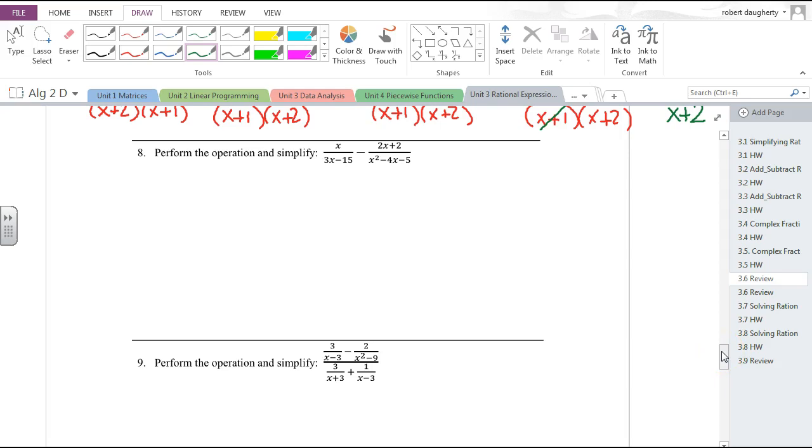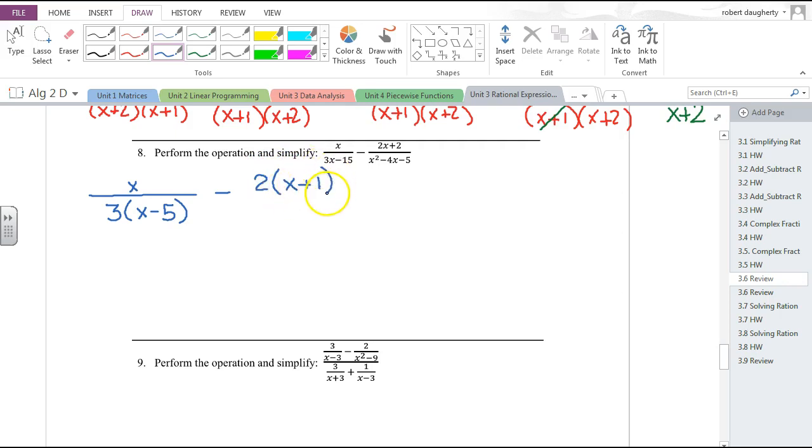Number 8, similar process. I'm subtracting instead of adding. The key is to factor, find a common denominator. So when I look at that first denominator, it looks like I can factor a 3. So 3x minus 5, minus, when I look at the next fraction, I can factor out a 2.